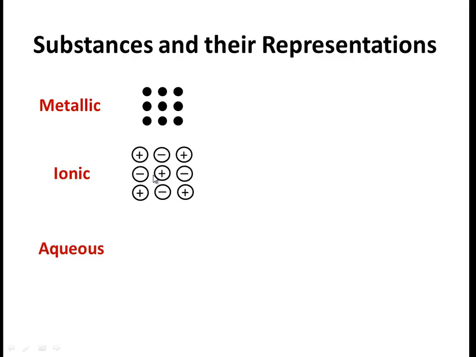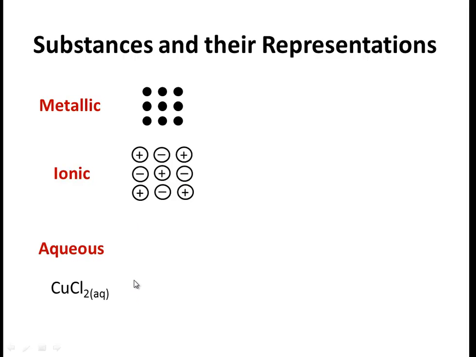Ionic compounds we can think of as alternating cations and anions, so that every ion is surrounded by oppositely charged ions, and that leads to great stability.